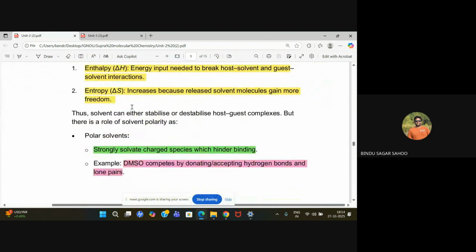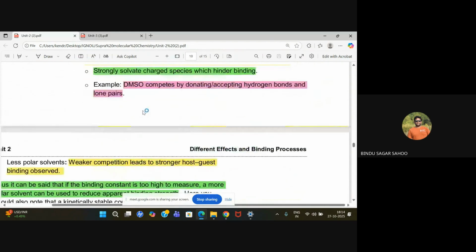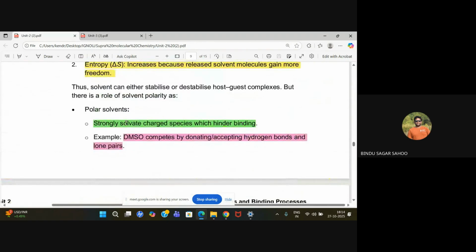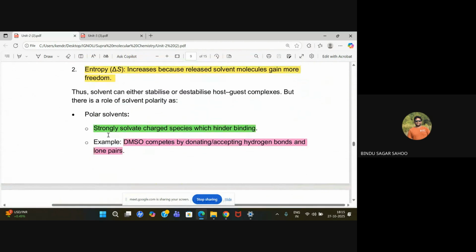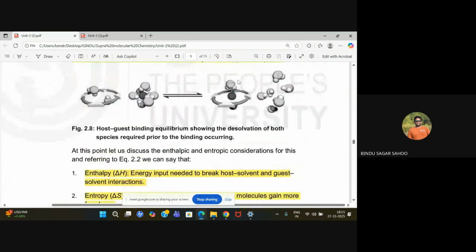So initially, we will check what happens if you take a polar solvent or a non-polar solvent. When you take a polar solvent, strongly solvated charged species hinder the binding. That means to form a good, stable guest-host complex, we need to easily separate the solvent molecules from the host and guest.